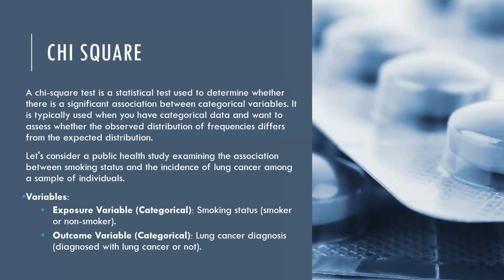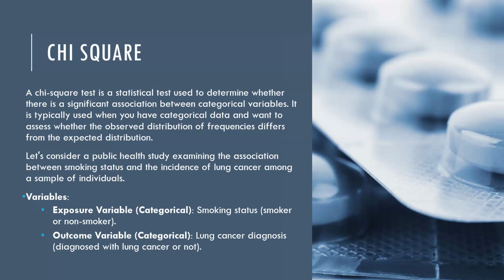All right, now we're going to move on to the non-parametrics. So a very common test used in statistics is the chi-square test. There's actually two different versions of the chi-square test. There's the chi-square test of independence, and there's also the chi-square goodness of fit test.